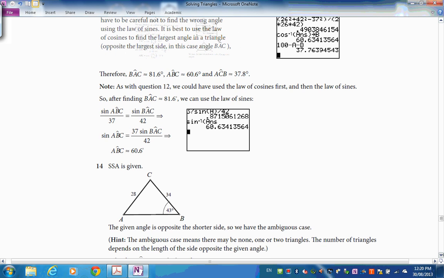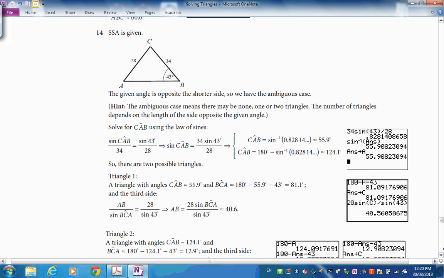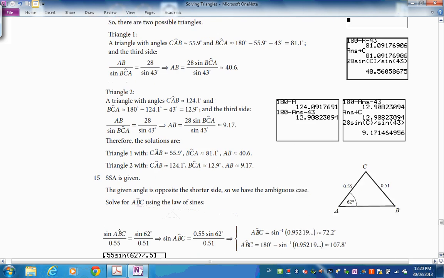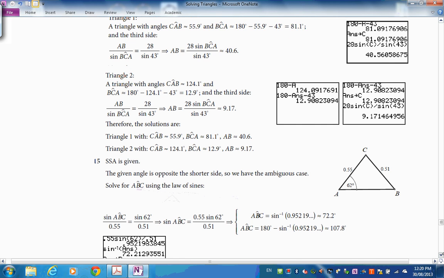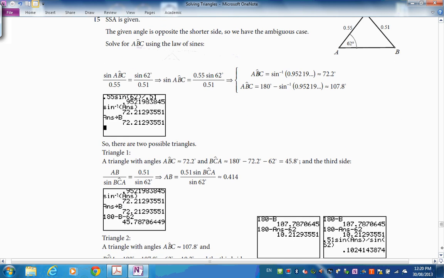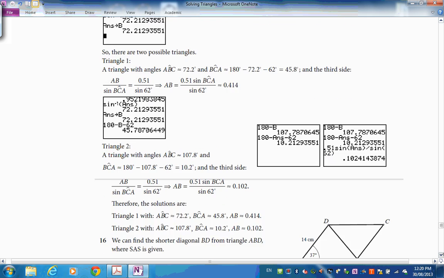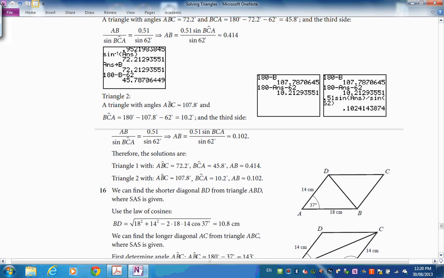Okay, now they're just in single format now. 14. Rest of 14. So if we can get all of 15 in, no we can't. Rest of 15.